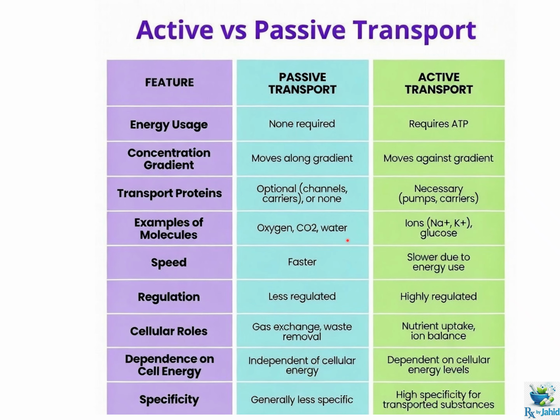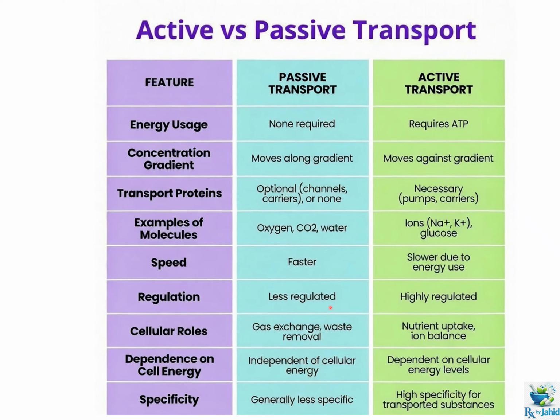Usually oxygen, carbon dioxide, and water are passively diffused, and ions are usually actively transported into the blood. Passive transport is faster because no energy is required, but active transport is slow because energy is needed, and it also requires protein for better transport.